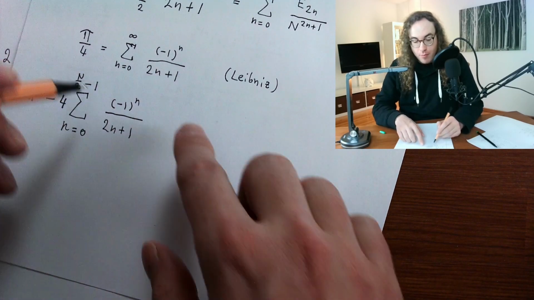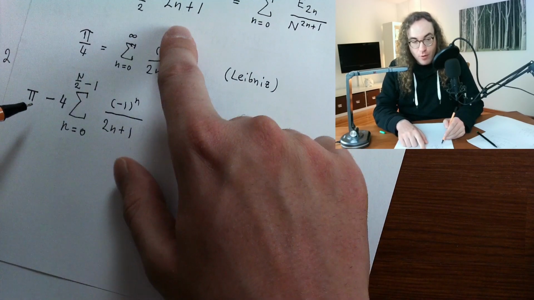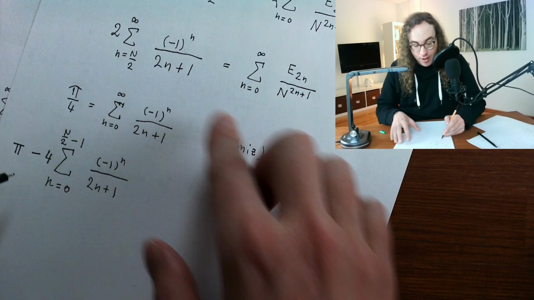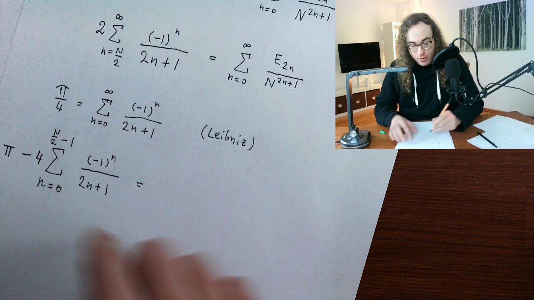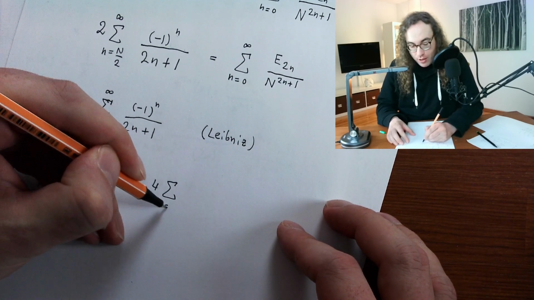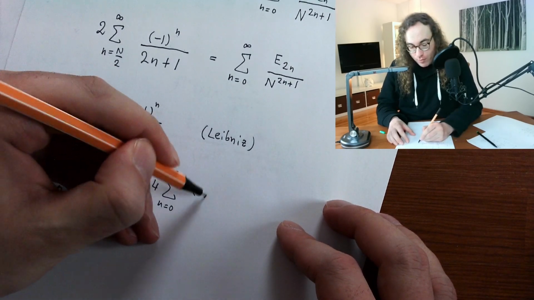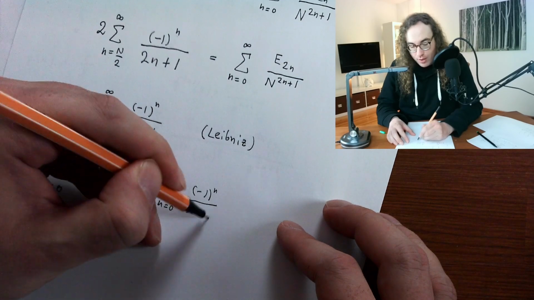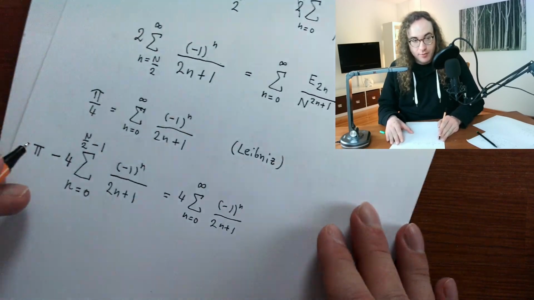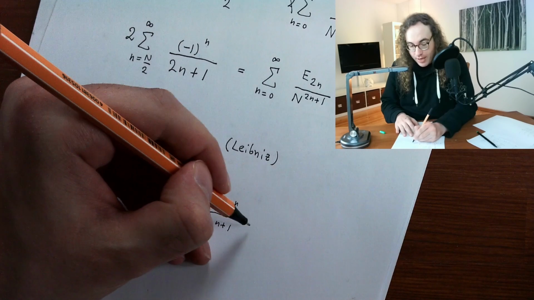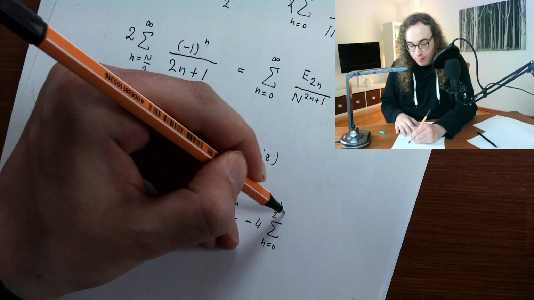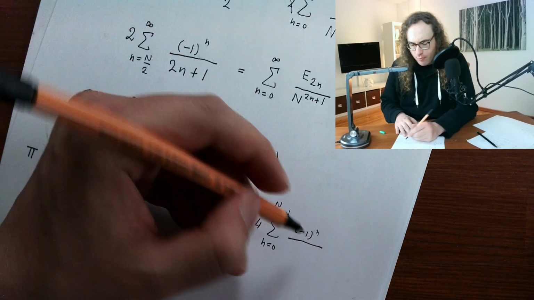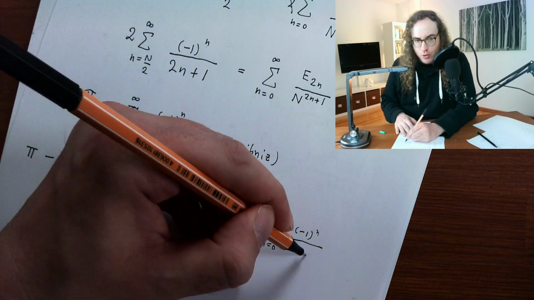This is the expression we actually considered, and the one where we can see what the wrong digits are. But now I can rewrite this using the formula I have up here, namely as follows. I plug in the infinite sum for the expression on the left, which is the sum from 0 to infinity of minus 1 to the n divided by 2n plus 1. And I still have to write this term, which is minus 4 times the partial sum from 0 to capital N minus 1 of minus 1 to the n divided by 2n plus 1.